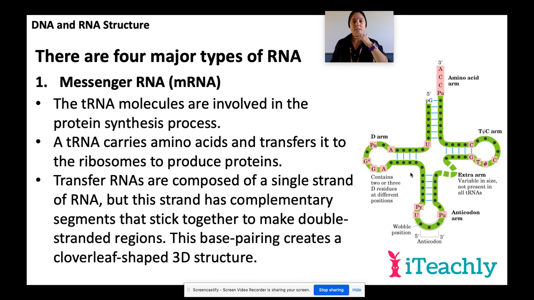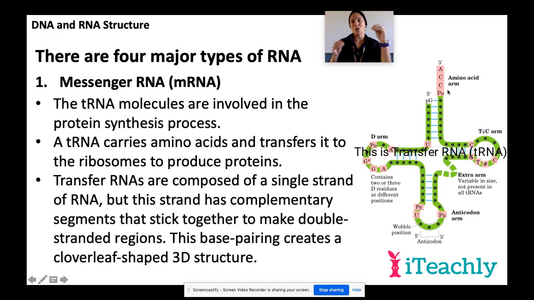Another difference that we see, oops, what did I do here? Oh, this is not right. This should be titled, sorry, not messenger RNA. This should be called transfer RNA. I will make sure that is changed on your notes. But tRNA or transfer RNA actually has this clover shaped structure.